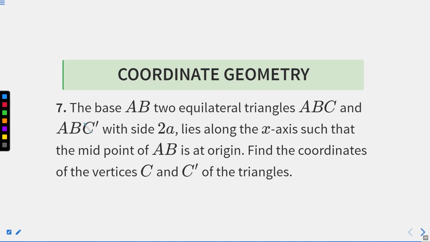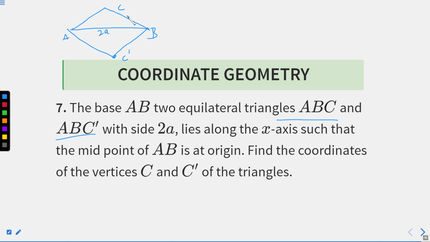This is also a quite challenging problem. Let me do it for you. The triangle ABC is an equilateral triangle, and ABC dash also, with side 2a.